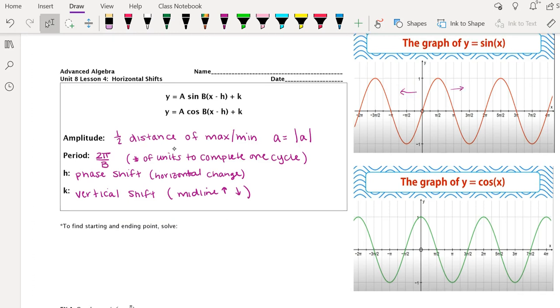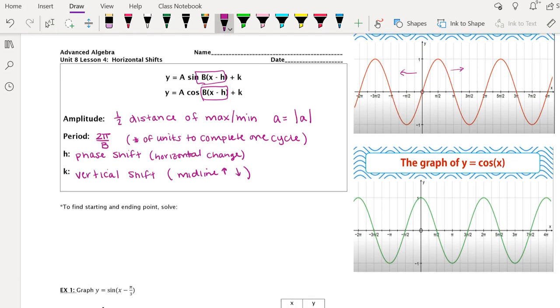Okay, so for our graph of sine and cosine today with the phase shift, the first thing you need to do is find a starting and ending point. So what we're going to do is take this middle piece and determine where that is for our new starting and ending point.